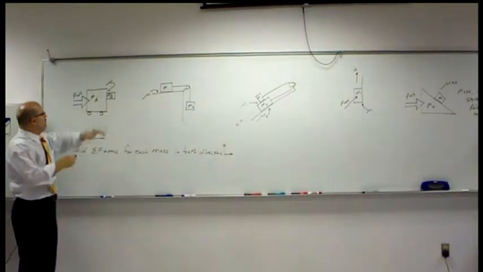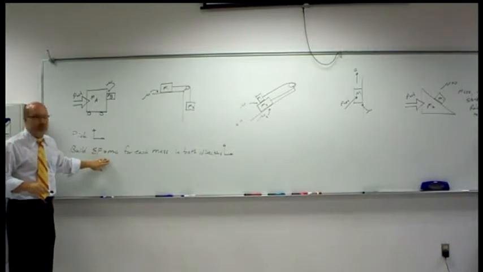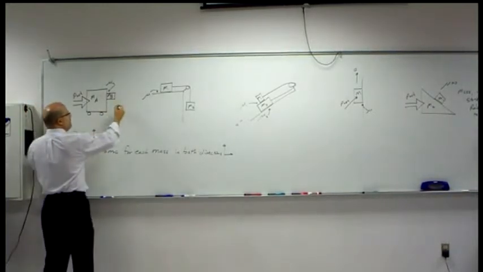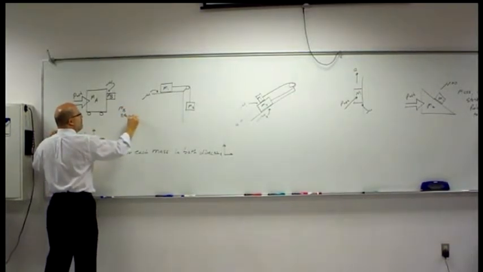So like if there's 2 masses here, there will be 4 F equals MA equations. Okay, I understand. So mass B is sliding down?